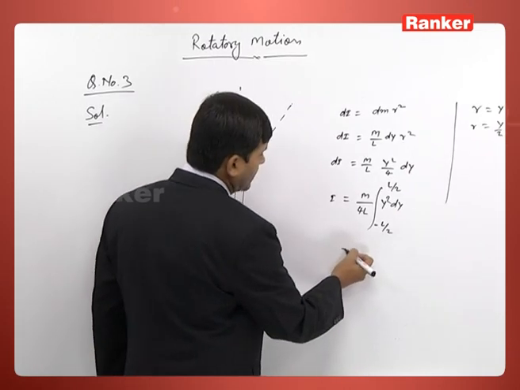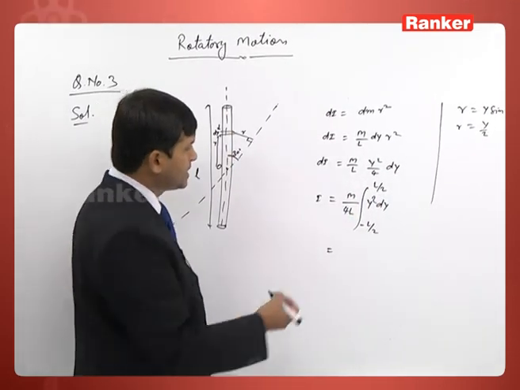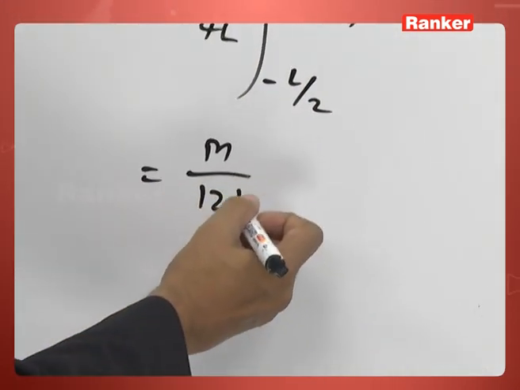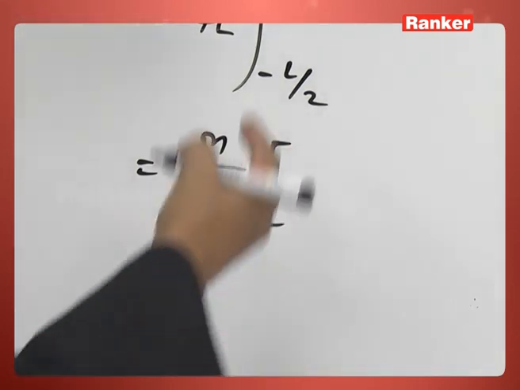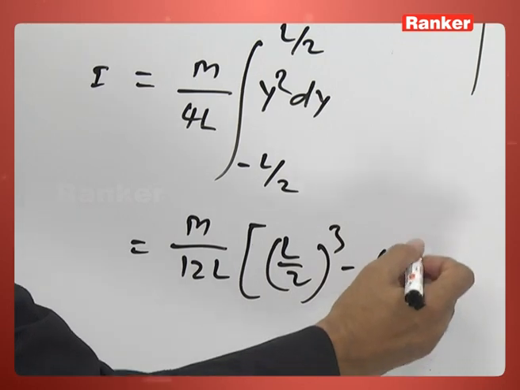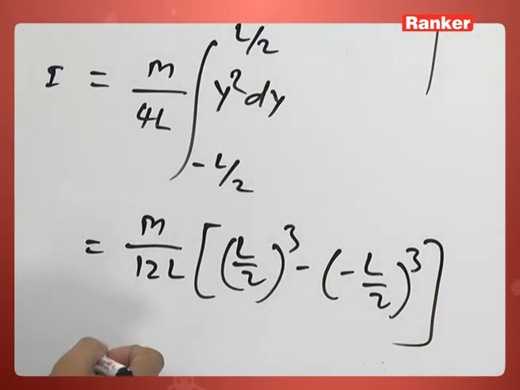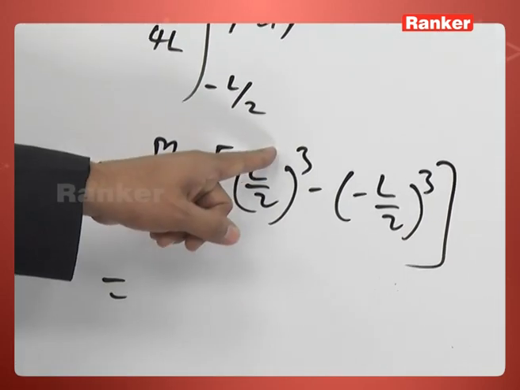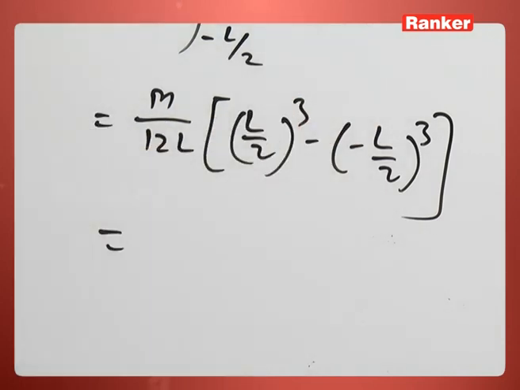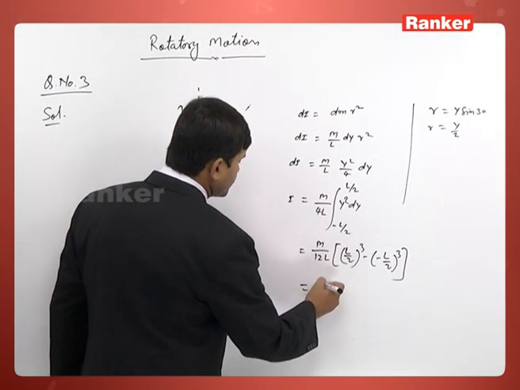Now y square integrates to y cube by 3. So this is m by 12L into y cube, L by 2 cube minus minus L by 2 cube. So this will be L cube by 8 plus L cube by 8, so 2L cube by 8, L cube by 4.